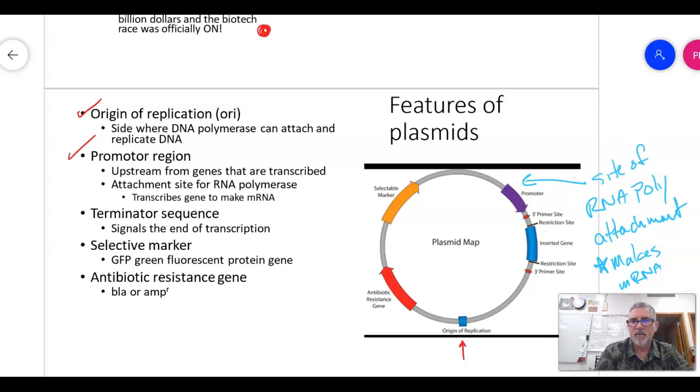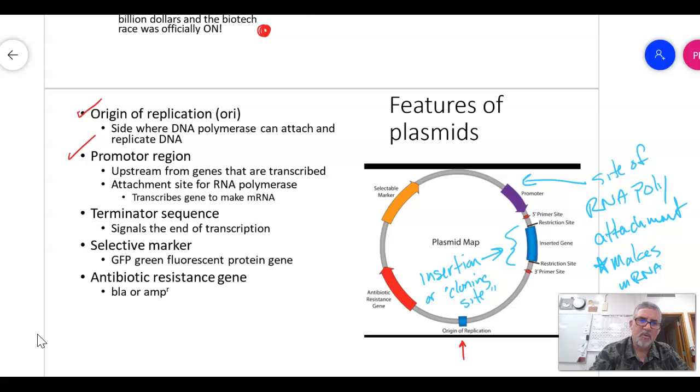It needs an insertion site. So this is an insertion, or cloning, site.